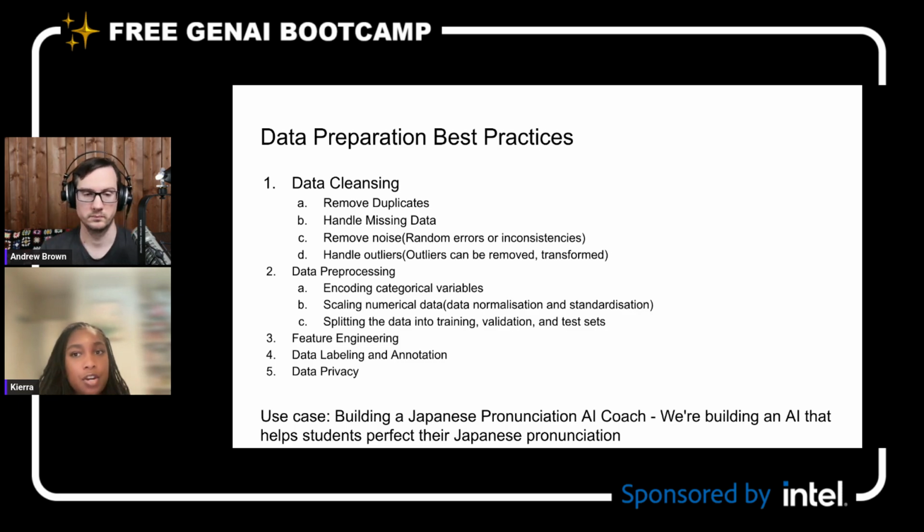So feature engineering is where the magic happens. That's where you create new, meaningful features from your existing data. For example, instead of using raw temperature data, you might create features like temperature change over 24 hours or deviation from seasonal average. It's all based off of the business outcome you're trying to solve for, and also what data points exist.